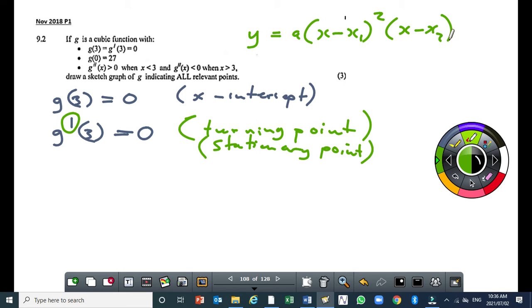I'm going to repeat that. If the value of x at the x-intercept is the same as the value of x at a turning point, it means that the turning point will be on the x-axis. Alright?